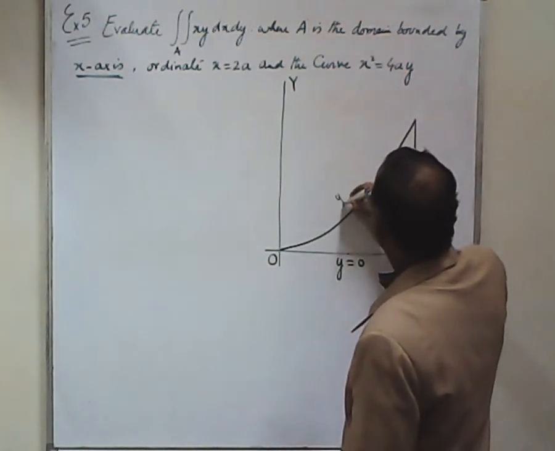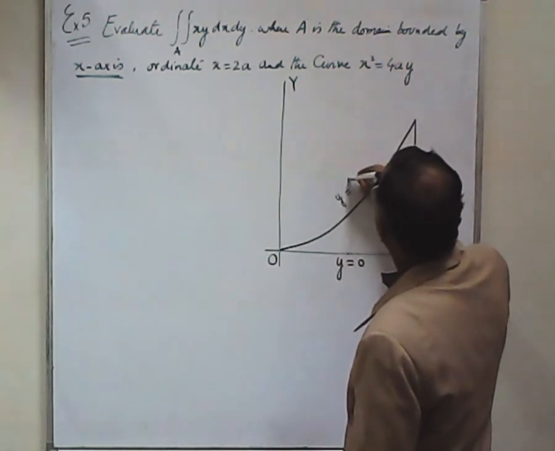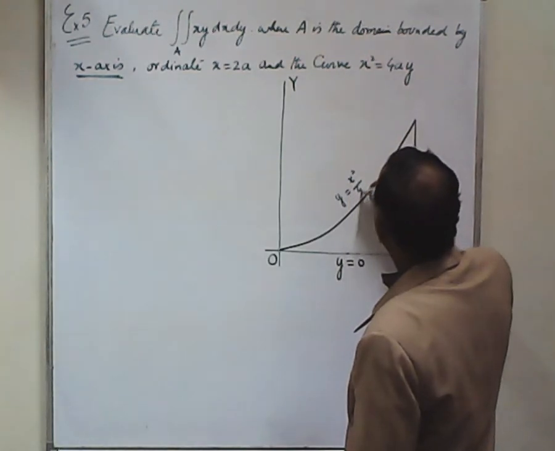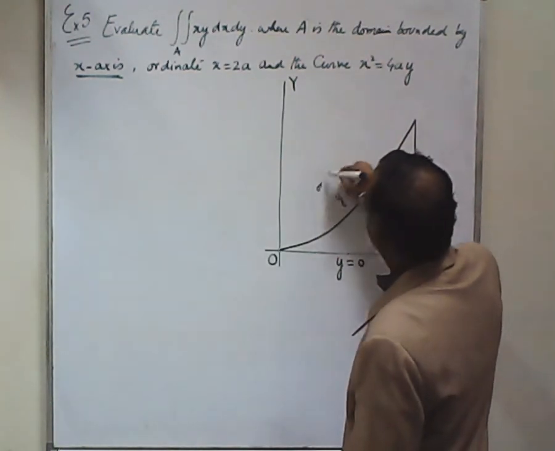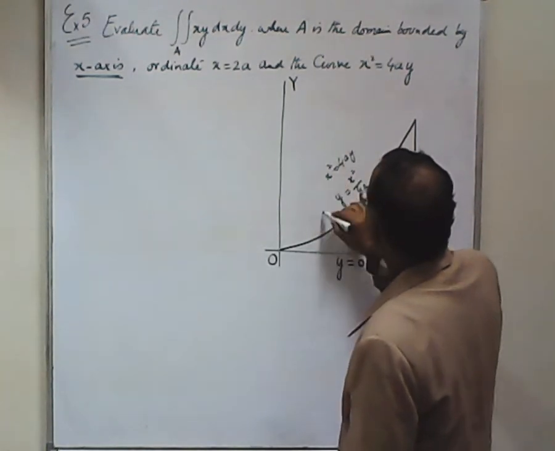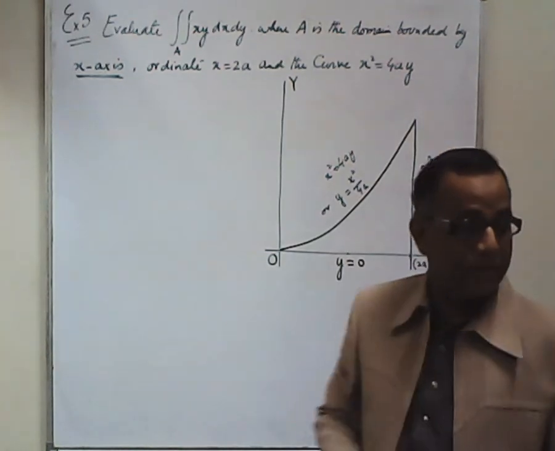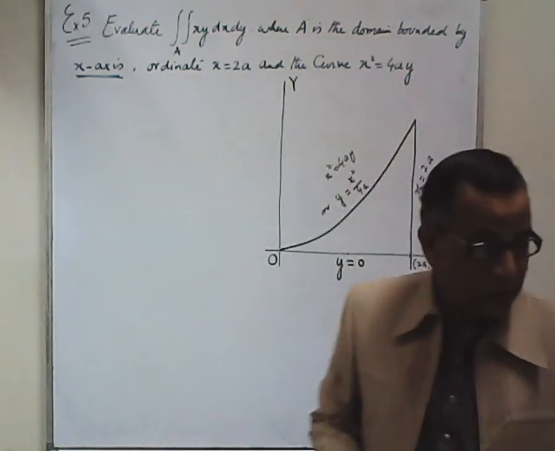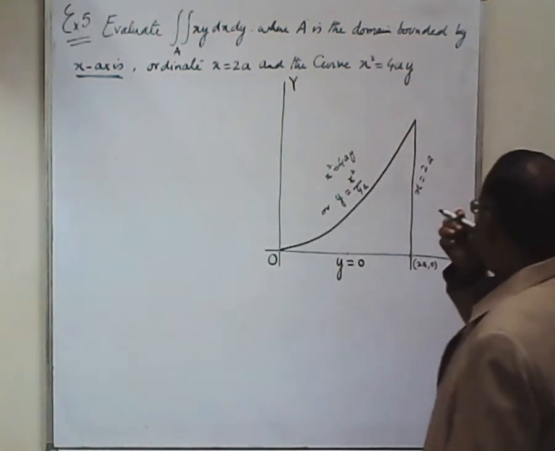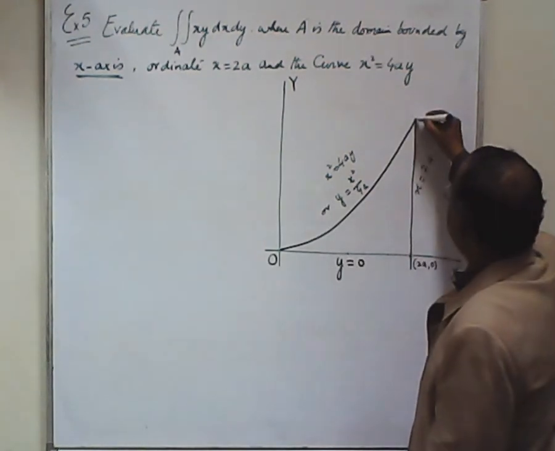So this is y equal to x square upon 4a, or x square is equal to 4ay. So now we have all these three boundaries.